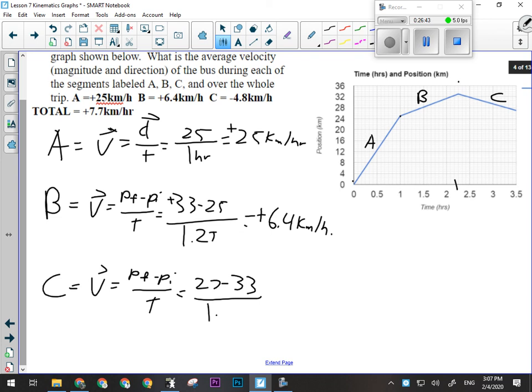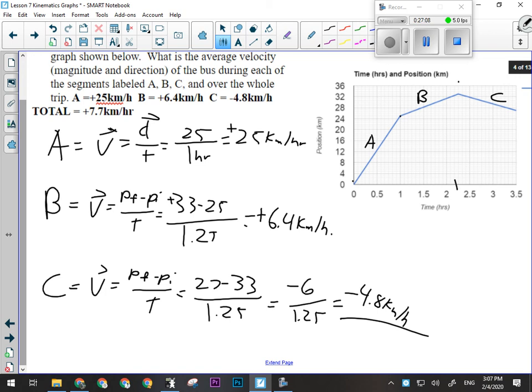So that's another 1.25 hours. So our total displacement is -6 this time, divided by 1.25, which will give us negative 4.8 kilometers per hour for part C. Everybody follow me on why it's negative there? I mean, the object's moving backwards in part C.